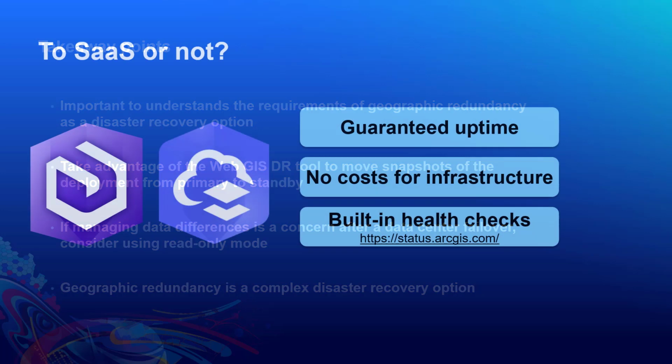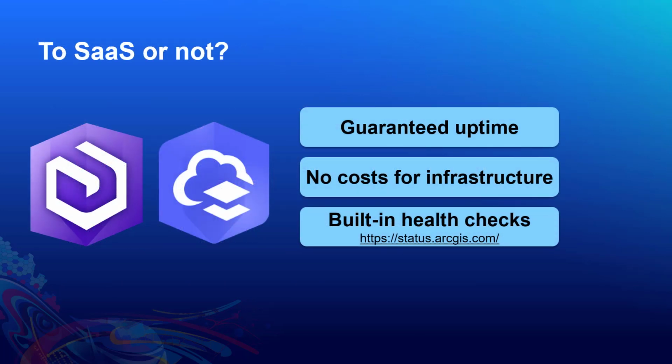Now, ultimately, the decision to take advantage of an on-premises deployment of ArcGIS Enterprise or software as a service like ArcGIS Online is up to you. There's obviously different benefits to either option. But looking at ArcGIS Online, there are a number of benefits relevant to the discussion that we've had today.